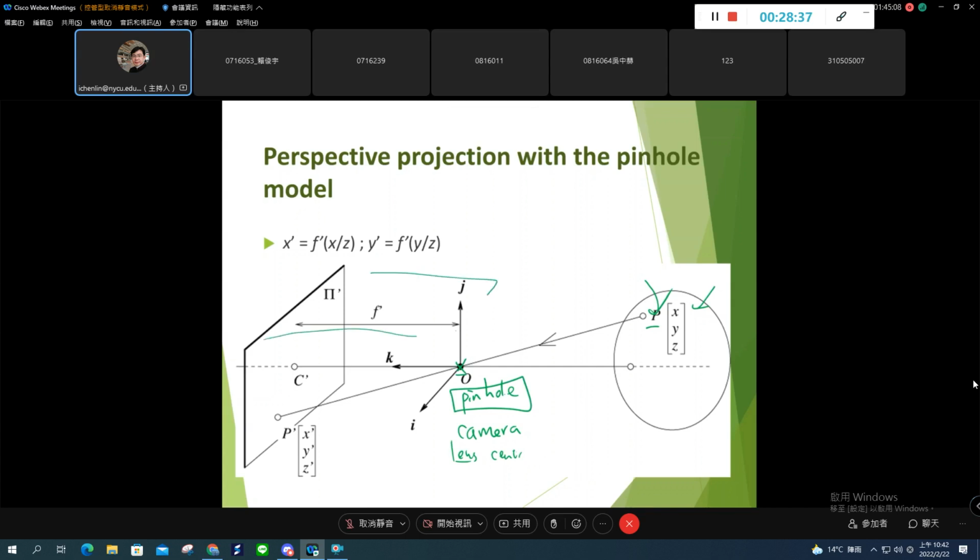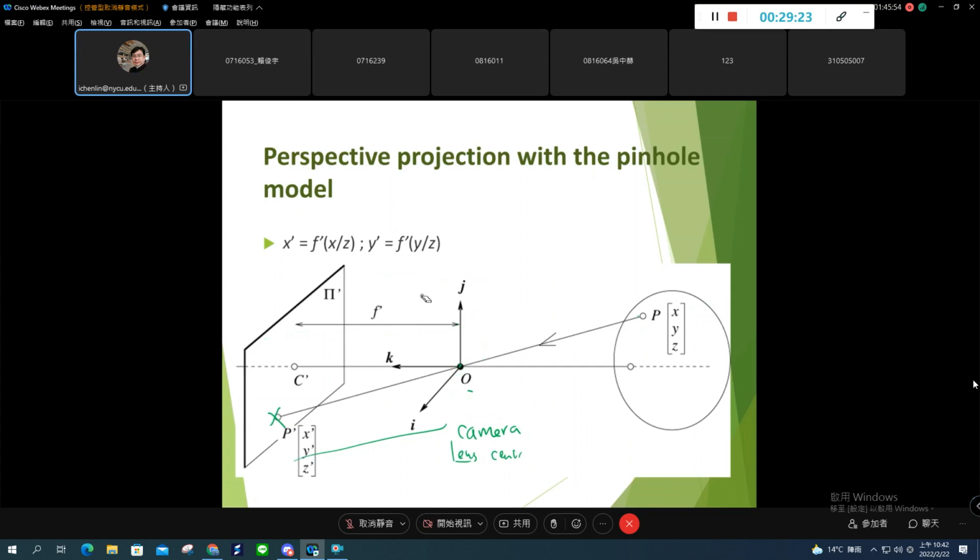For instance, this is a box, and only the pinhole is transparent, the only area that can pass light. Other places are occluded, or other light is blocked by the box. The pinhole is the only region that can pass the light. So the light of this point P can only pass through the pinhole to this point P' on the plane here.